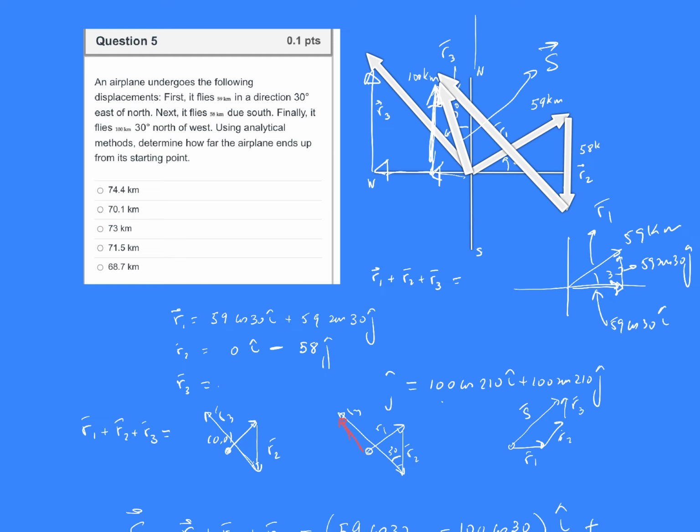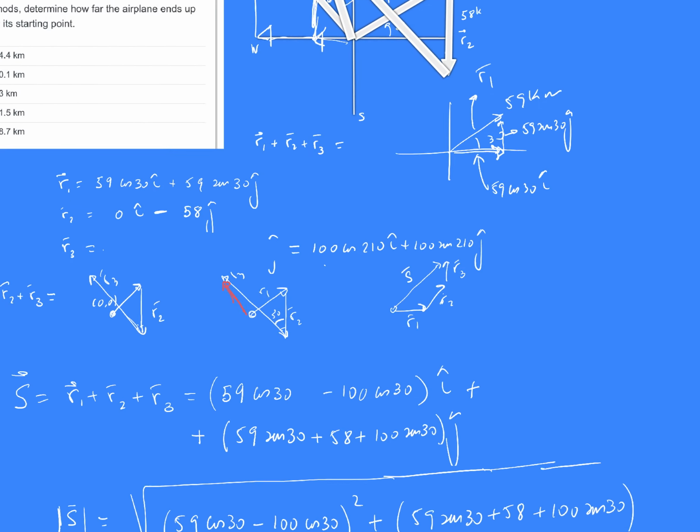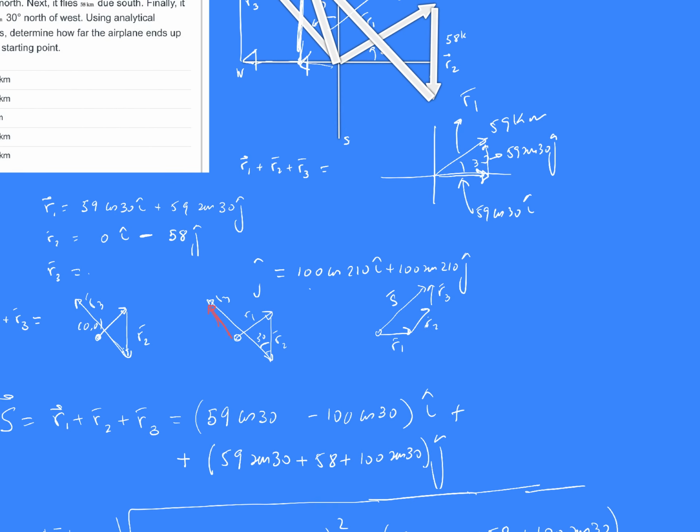So let's draw the vector R3 here, so you will see clearly. The vector R3 is this vector. It's the vector that has 100 kilometers, and this angle is 30 degrees.